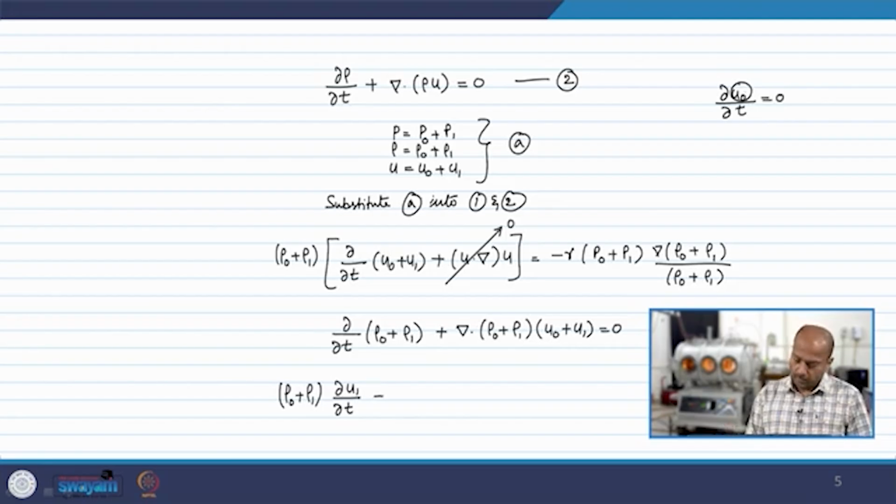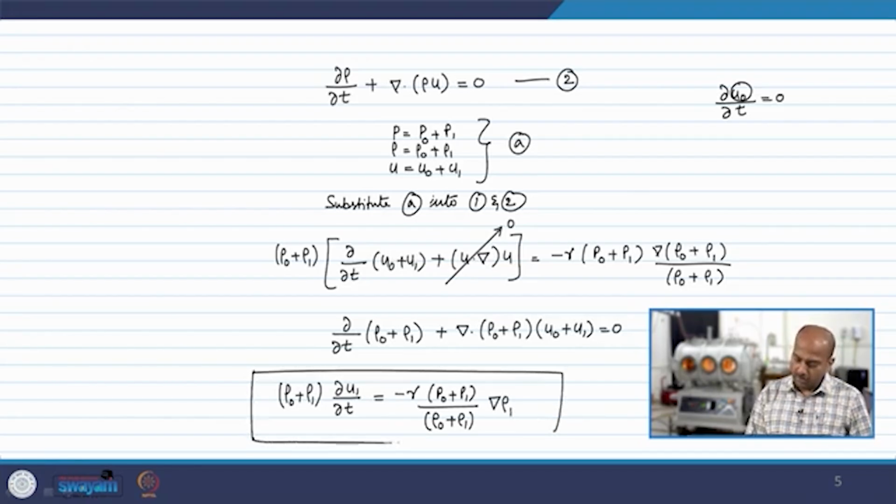This equals −γ (P0 + P1)/(ρ0 + ρ1) ∇ρ1. So this is the linearized momentum equation in terms of the perturbation variables.